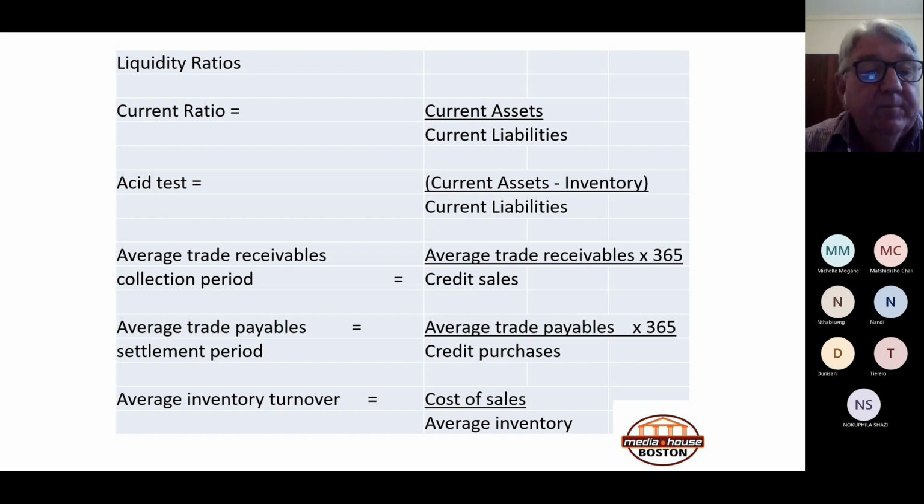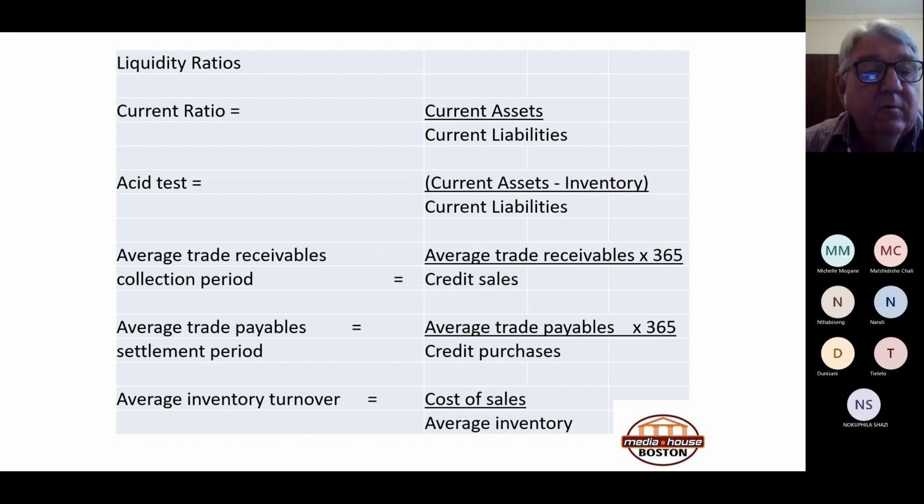And that'll give you the time it takes you to pay your creditors. Again, when you buy on credit, your suppliers will give you 30 days or 60 days to pay, and you must make sure that you stay within those days. And this ratio will give you that.